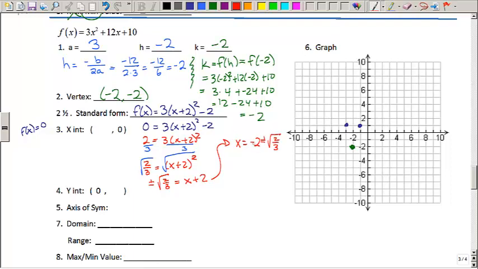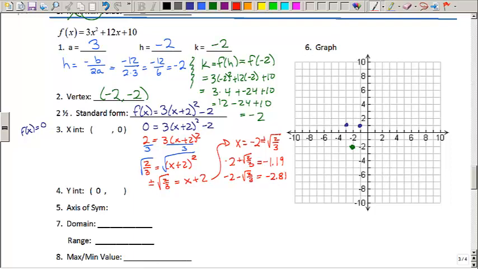Now, evaluating negative 2 plus or minus square root of 2/3 is going to require a calculator. Negative 2 plus the square root of 2/3 is going to turn out to be negative 1.19. Negative 2 minus the square root of 2/3 is going to be negative 2.81.